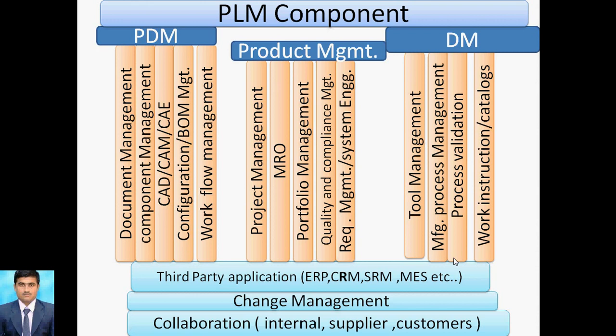So this is regarding the DM, digital manufacturing. So these are the main components. The first component is PDM, then product management, DM, then collaboration with internal, supplier and customers. This will help for improving the PLM.